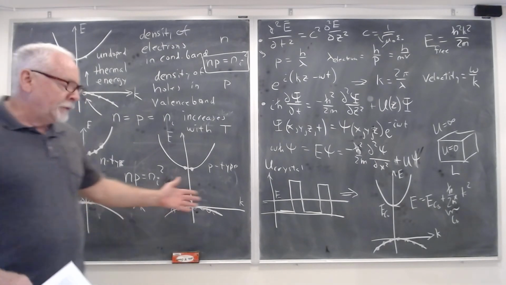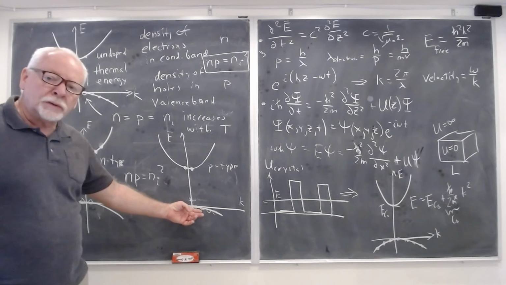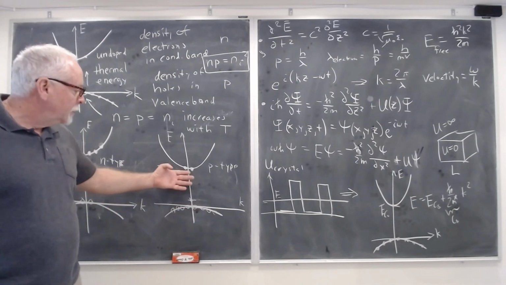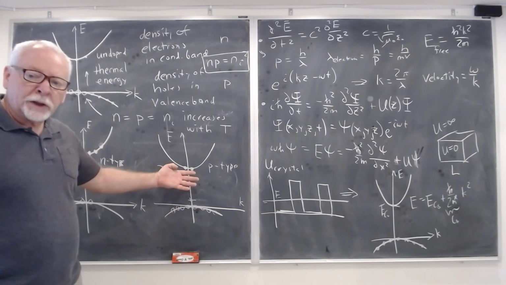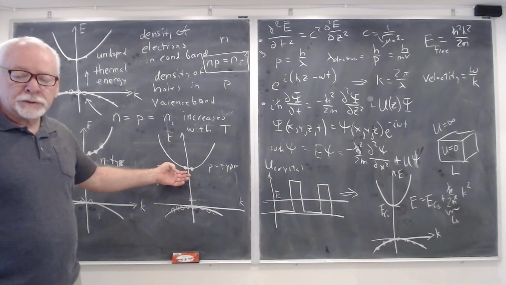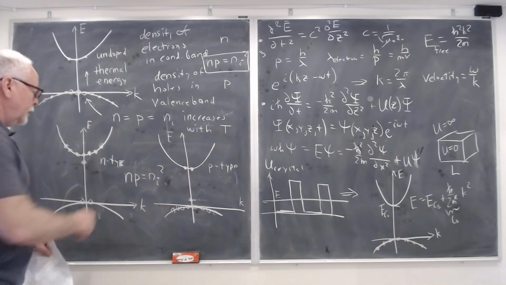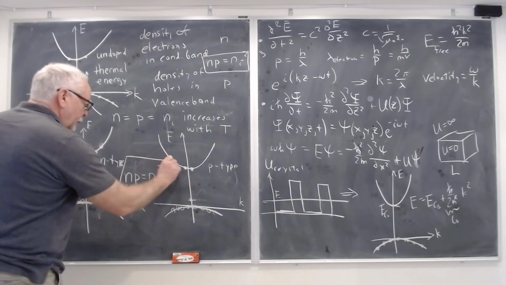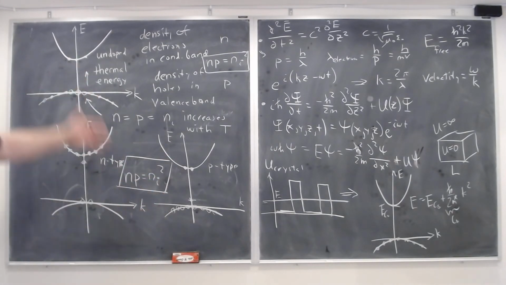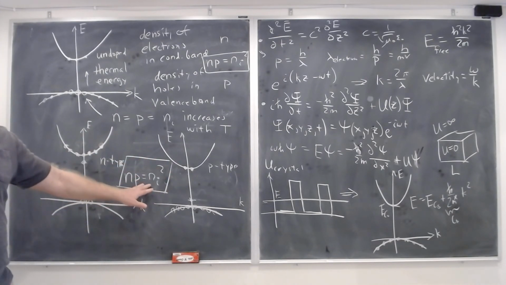Of course, it's easy to understand why, if I dope with a lot of acceptors, I get a lot of holes, but perhaps not as intuitive to understand why that leads to fewer electrons. But what I'm saying, without proving before the midterm, is that regardless of how you dope it and at what level, this equation holds.